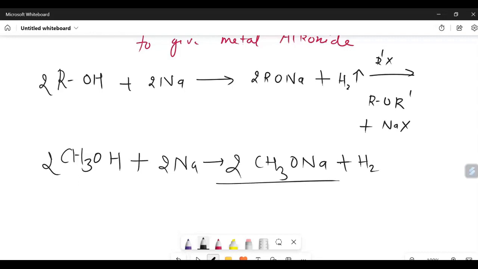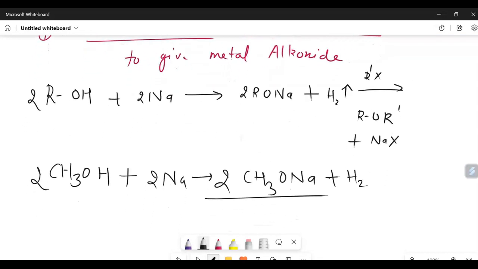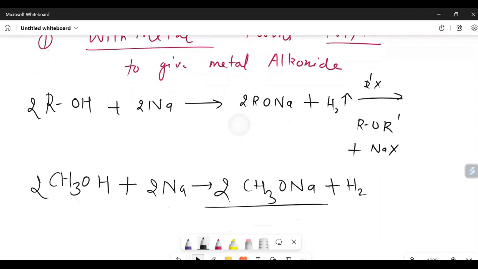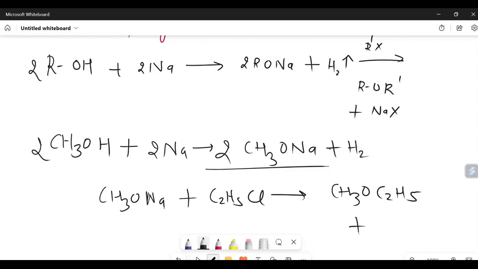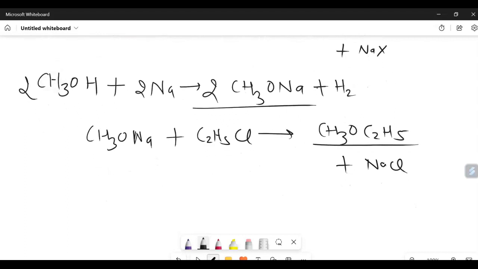Now CH3ONa reacts with any other alkyl halide. For example, you can take C2H5Cl, that will give CH3OC2H5 plus NaCl. So this is the ether. I hope you are able to understand this. Methyl ethyl ether.